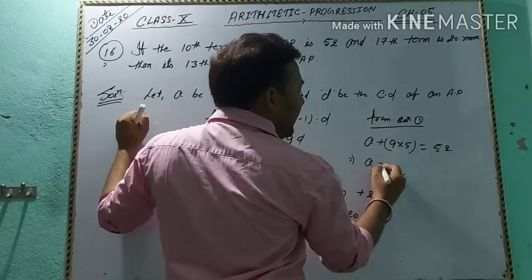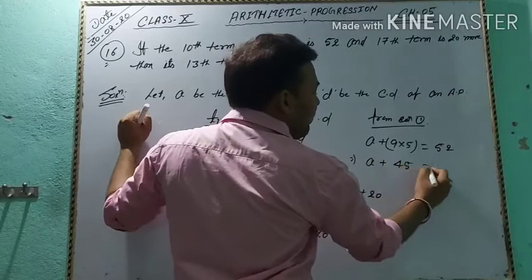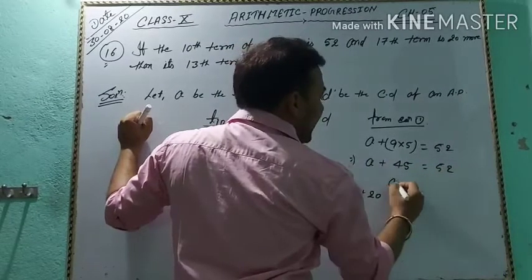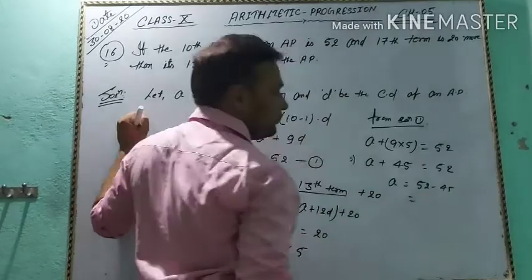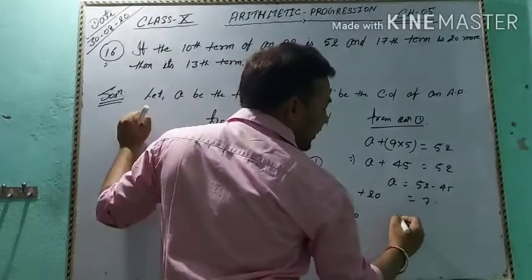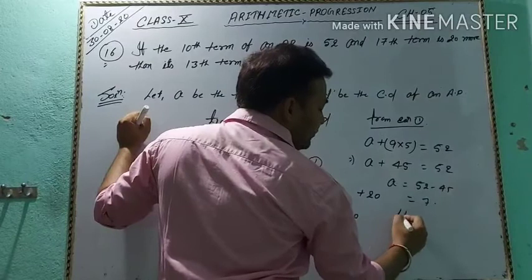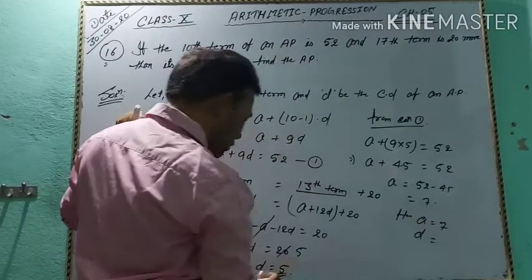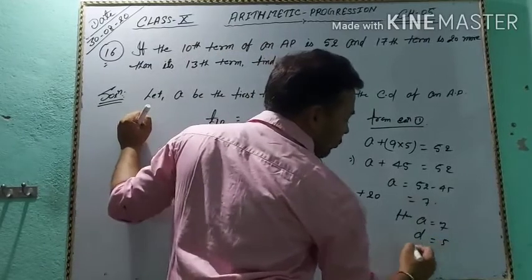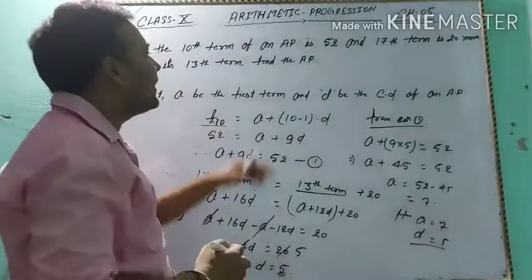This implies A plus 45 equals 52, and A equals 52 minus 45 equals 7. Students, hence A equals 7 and D equals 5. Okay, so find the AP.